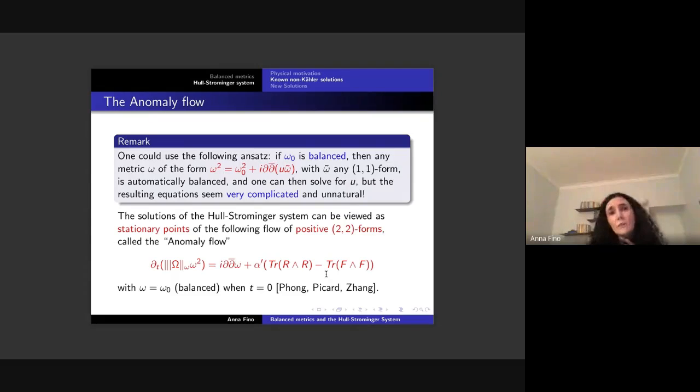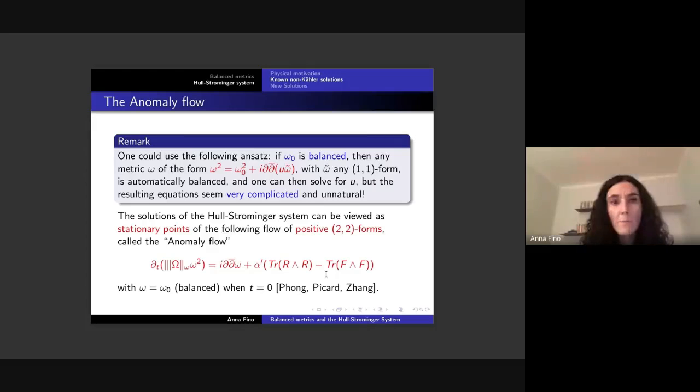So in fact, one could try to use the following ansatz that seems in principle simple, but is not. If you start with a balanced metric, omega 0, and then take any metric omega, which is completely determined by omega squared, we know that, okay?